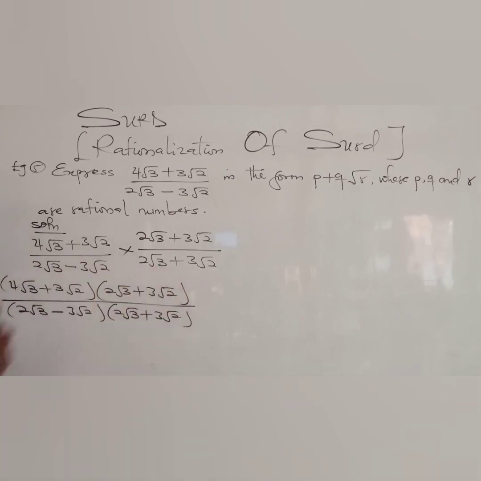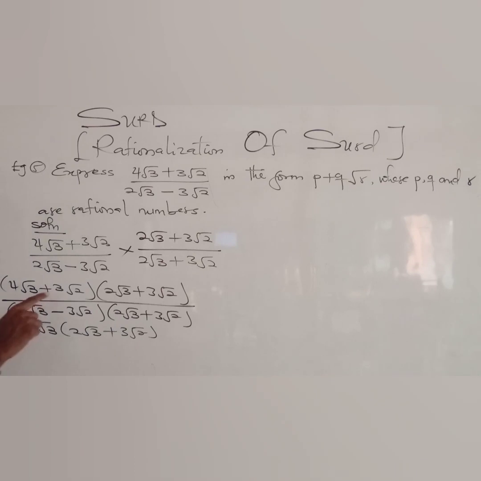So we maintain the last bracket, then each term in the first bracket will multiply the last bracket. So when I take this 4 root 3, it will multiply the last bracket, which is 2 root 3 plus 3 root 2. I hope you agree with me up to this point.